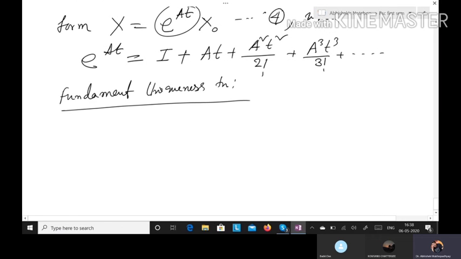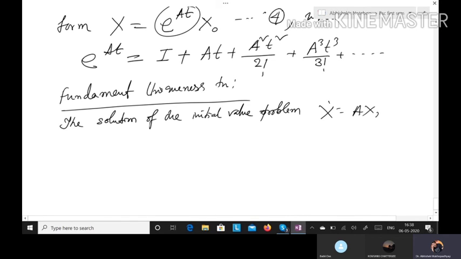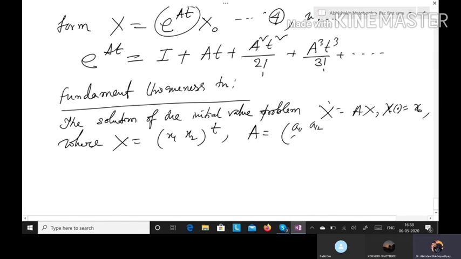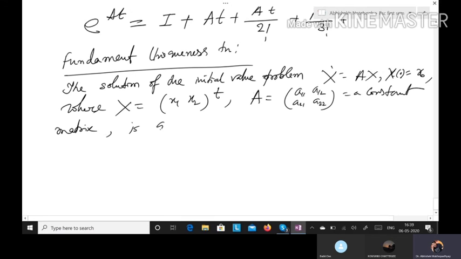What does it say? It says that the solution of the initial value problem X dot equal to A X, where X at 0 equal to X naught, where X is a column vector x1 x2 and capital A is a constant matrix, is given by X equal to e to the power A t X naught.